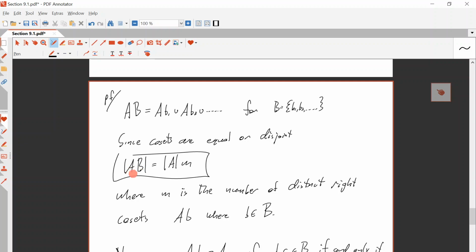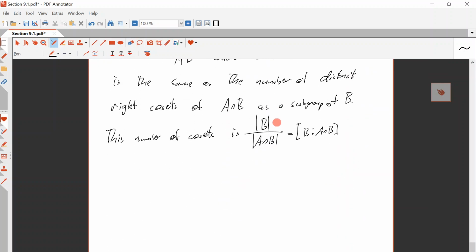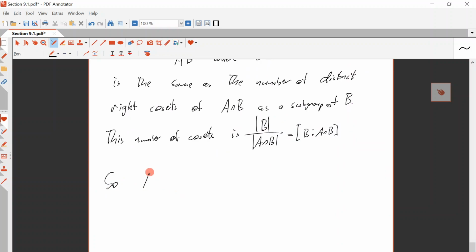The order of the product AB is the order of A times M, where M is that number of cosets. So the order of AB, which is order A times M, the number of distinct cosets, is the order of A times the order of B over the order of A intersection B. Pretty cool. As required.